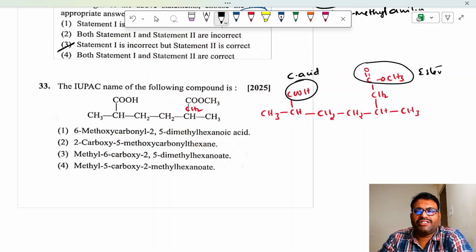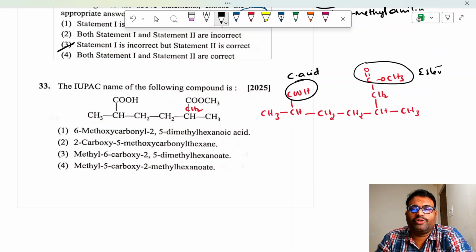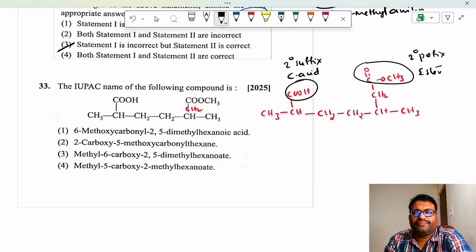So now ester is the less priority group and carboxylic acid is the more priority group. So carboxylic acid is written under secondary suffix, whereas ester is written under secondary prefix, as a substituent. So numbering starts from here: 1, 2, 3, 4, 5, 6.